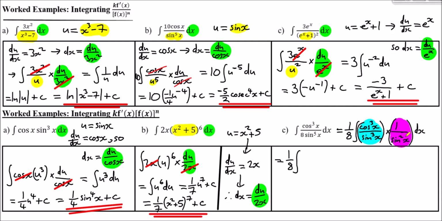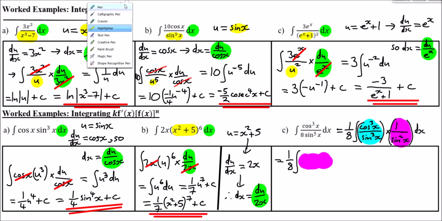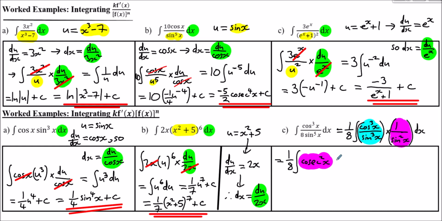Just so it looks more familiar, I'm going to put cosec squared x first, and then that's going to become cot cubed. Like so.